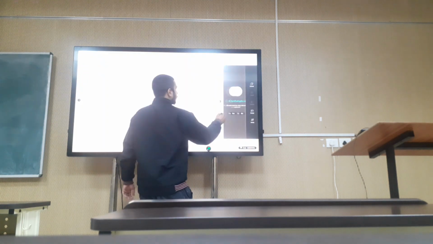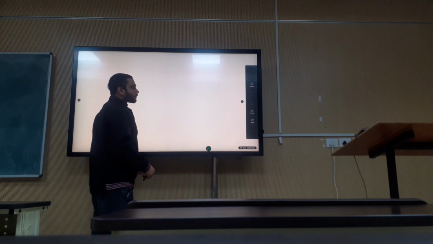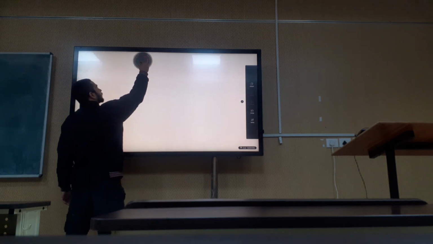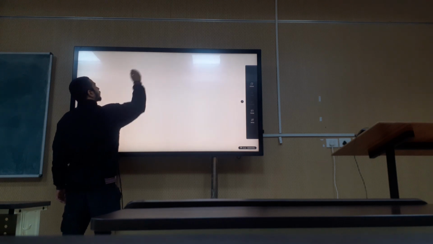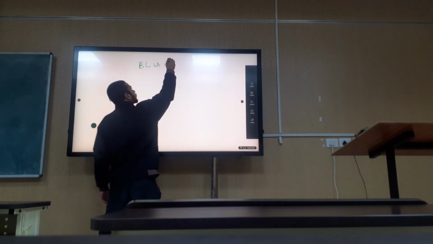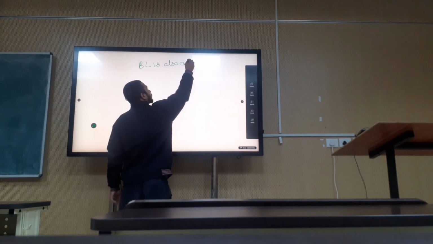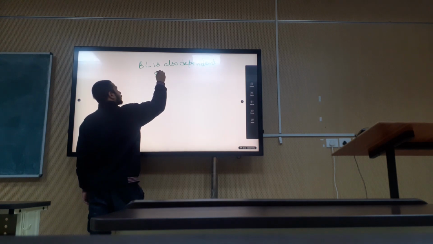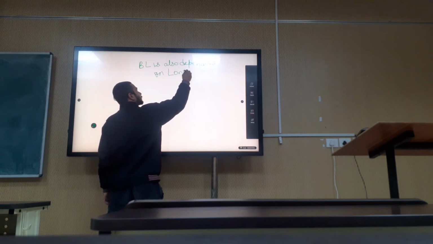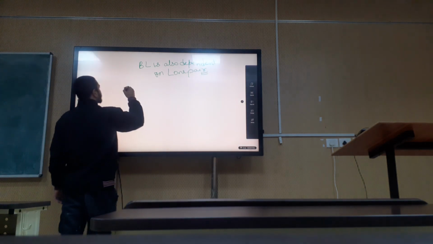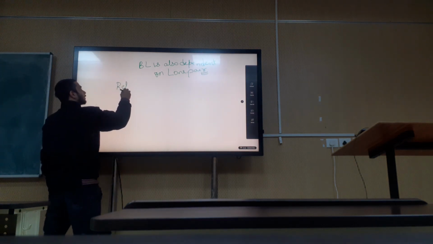Okay, and one more thing: the bond length is also dependent on lone pairs or the repulsion effect.